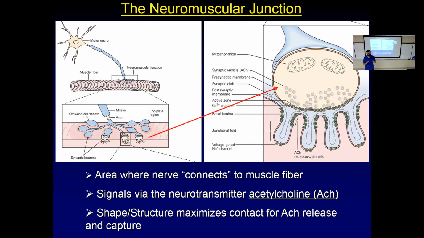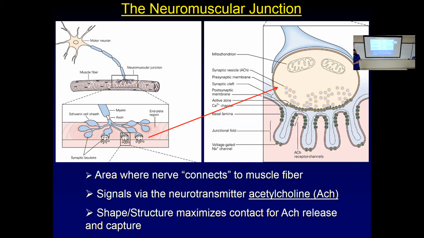On the nervous system side, we've gone from a regular thin tube, and then it bulbs out at the end, like a light bulb. We call this a bouton, which I always think is a hilarious sounding word. On the muscle side, there are going to be these folds in the sarcolemma.